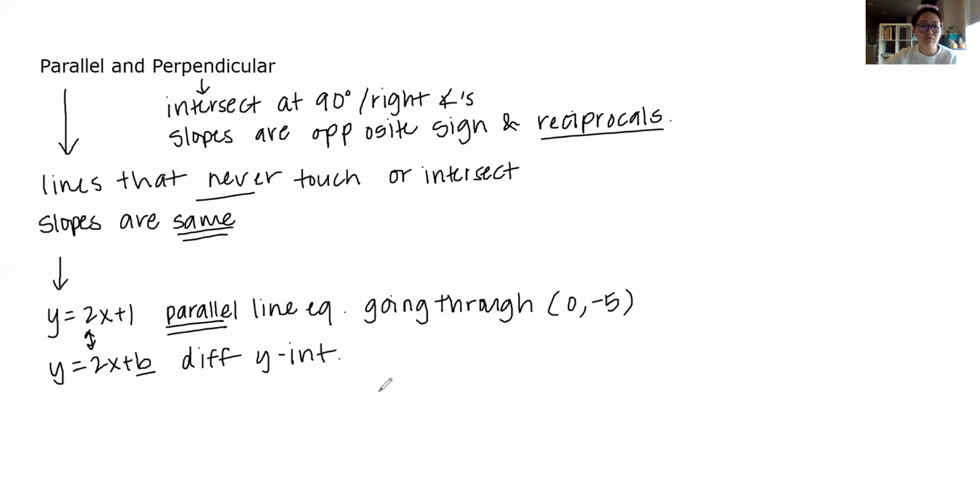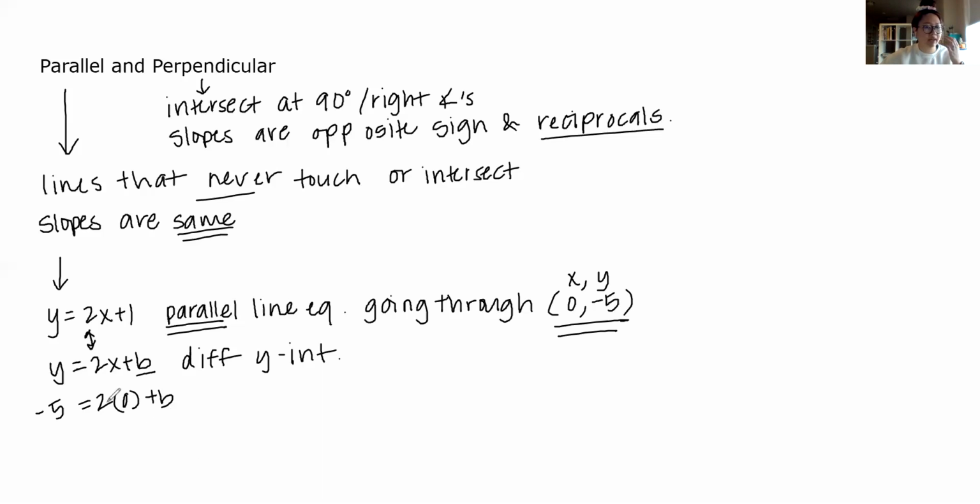Now, to solve for this new y-intercept, I'm going to use the point that was given. I need it to go through (0, -5), and this is in the form (x, y). So I can plug this x, y into my equation. Instead of y, I now have -5, equals 2 times, instead of x, 0, plus b.